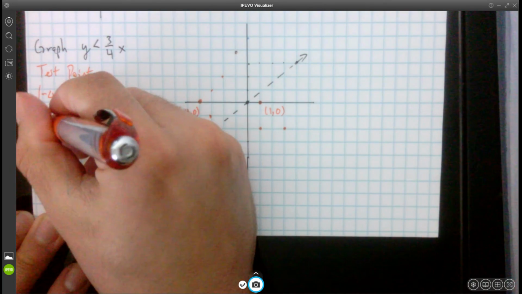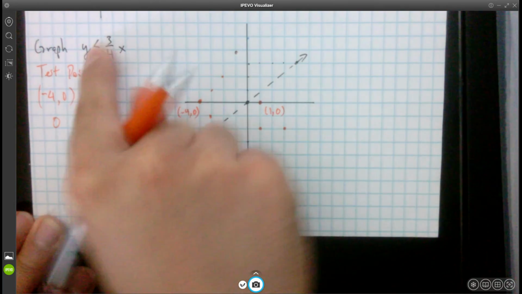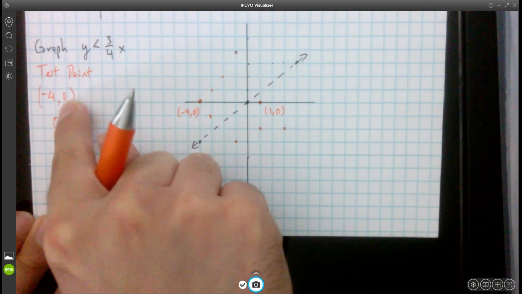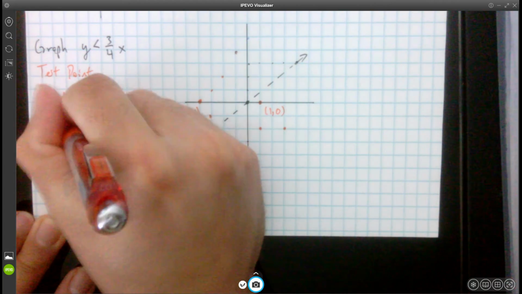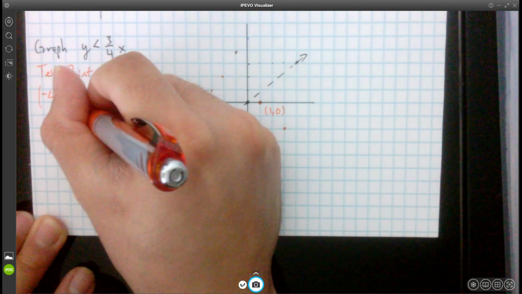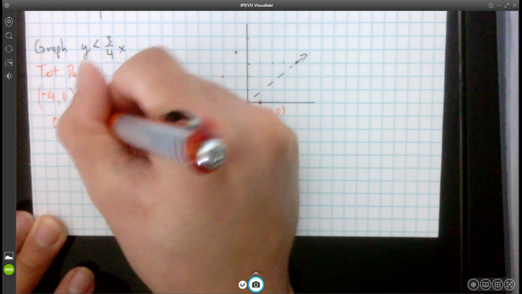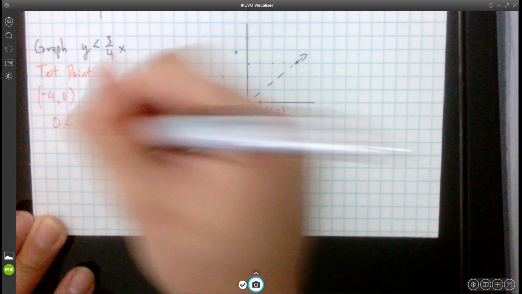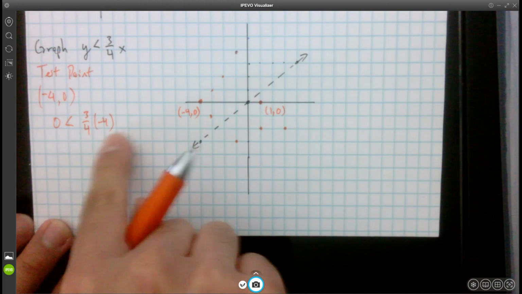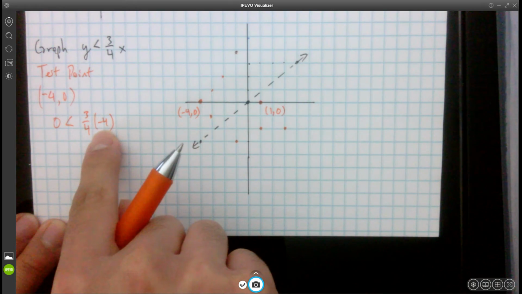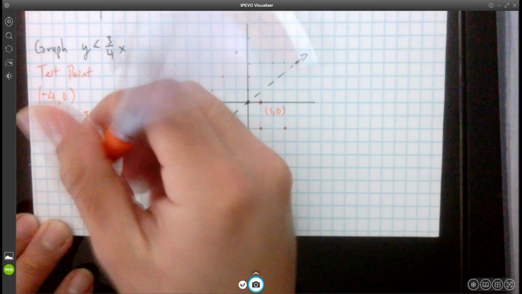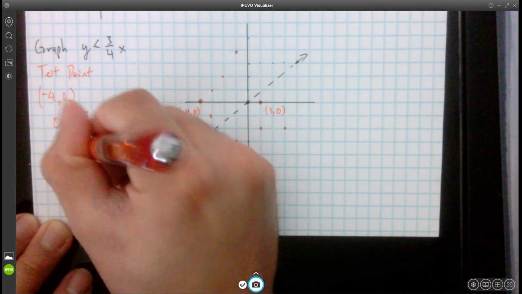So y is 0, right? That's my y. I'm going to substitute it in there. And that has to be less than or equal to 3/4 times negative 4. If I put this into my calculator, 3/4 times negative 4 is negative 3.